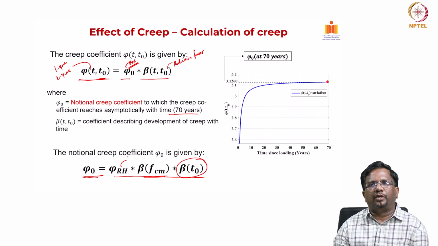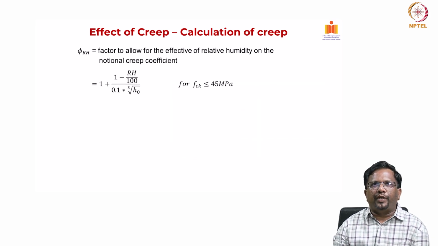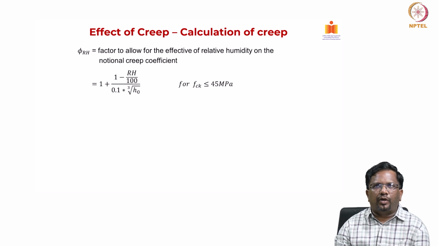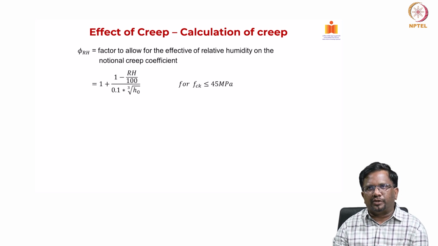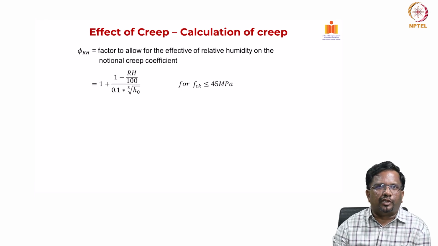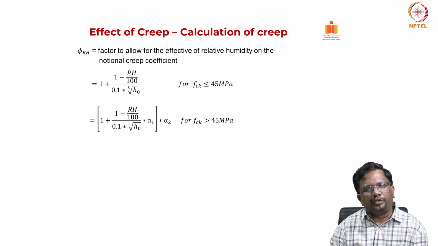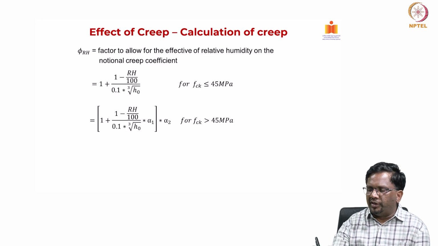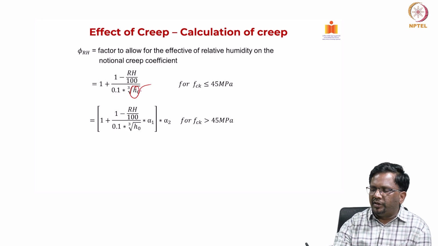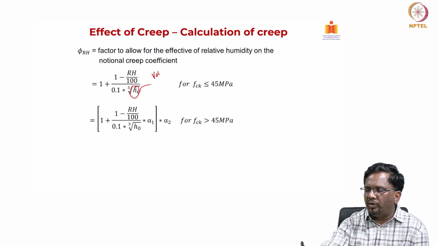Now, let us look at each one of the factors. Phi RH is the factor that allows for the effect of relative humidity on the notional creep coefficient. As you can see here, there are two equations given, one for concrete strength less than 45 megapascal, another for concrete strength more than 45 megapascal.